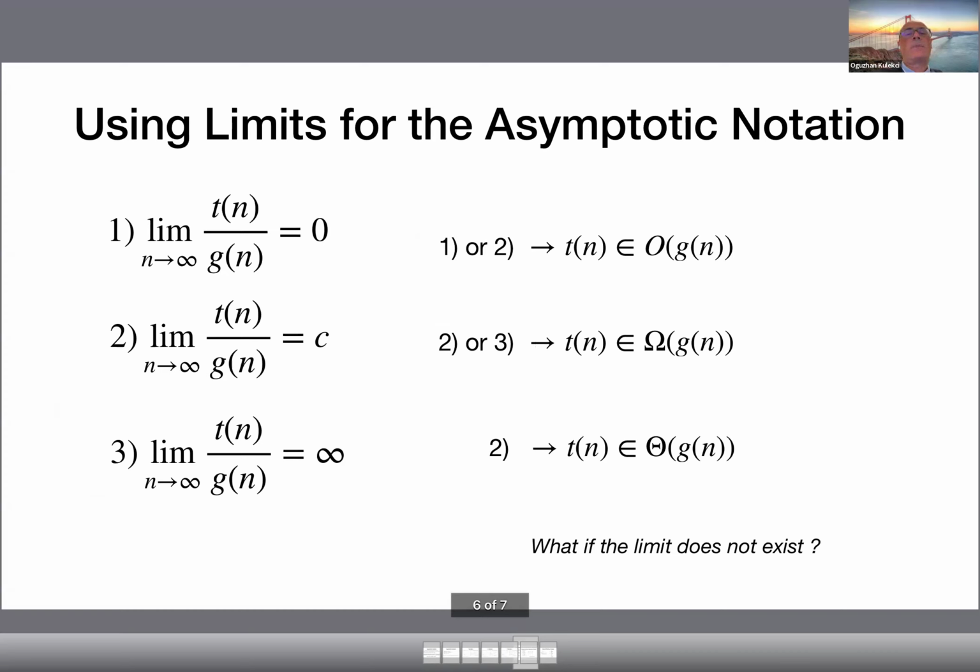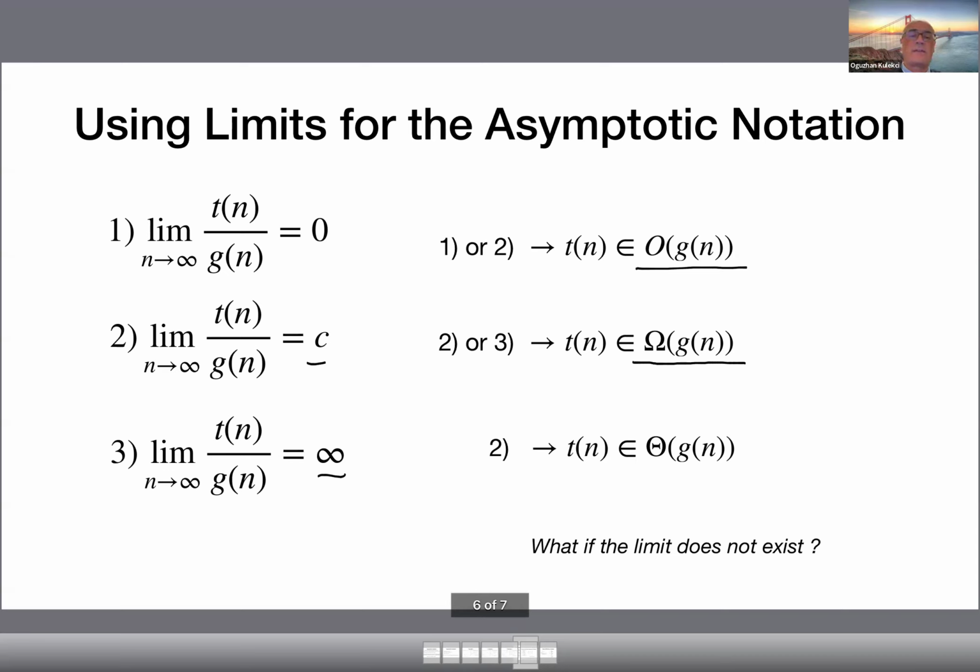Summarizing again, you compute the limit of T(n) divided by G(n) when n goes to infinity. If that limit goes to 0 or a constant, you say T(n) is an element of big O of G(n). If that limit goes to a constant or infinity, then you say that T(n) is an element of big omega of G(n).